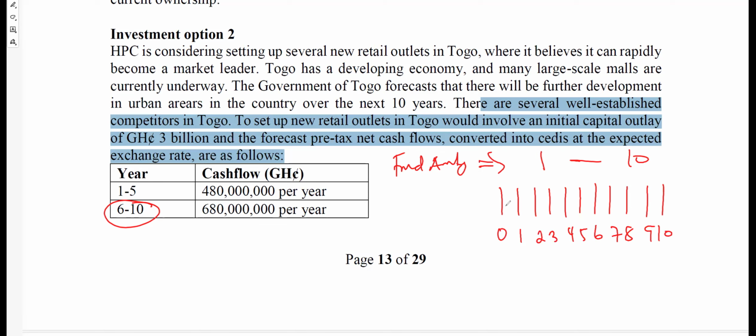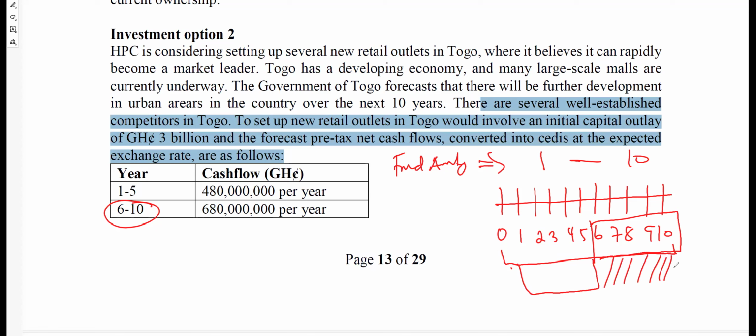If you have this timeline, find the 10-year annuity, year 1 to year 10. But because I only need this part, what do I need to do? I need to find the 5-year annuity and subtract it from this so that I'm only left with this part. Did you get it? That's another way.